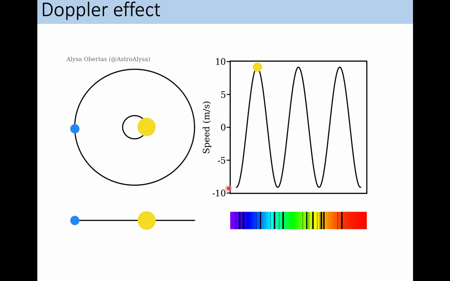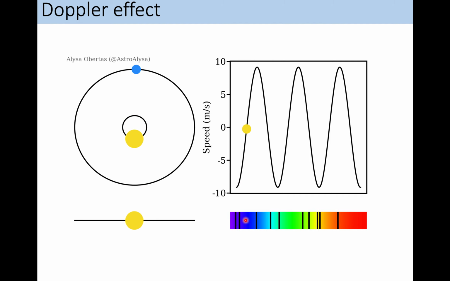Here's a GIF. There's a lot going on. But what we might see when we look up is that the blue object moves from side to side compared to the yellow object. Let's say it's a planet and a star. If we map the spectral lines, we'll be able to see red shifting, blue shifting, red shifting, blue shifting.